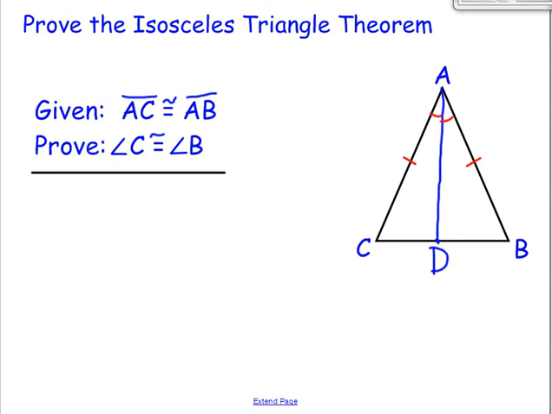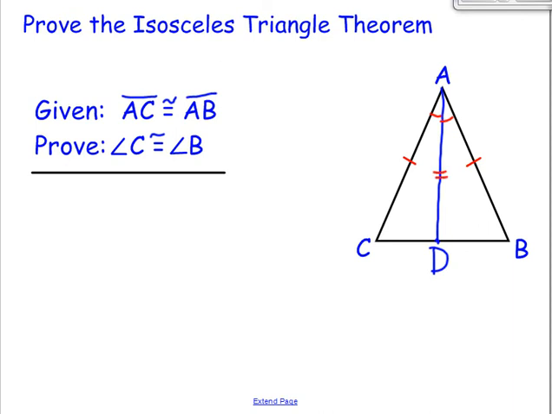I now have an angle and a side. Still not quite enough to talk about anything in particular, but what I can also say is that the new side I just made, this bisector AD, is a common side to two triangles. And as such, it's going to be congruent to itself.